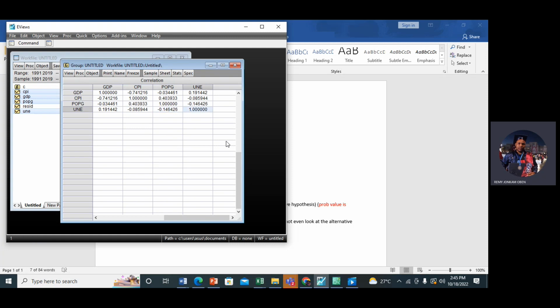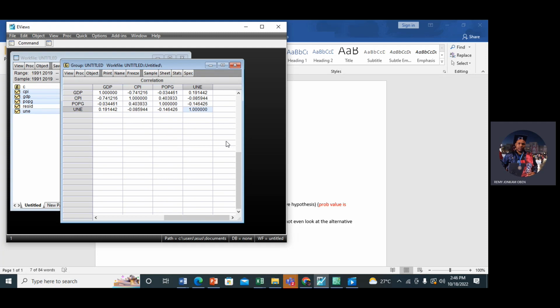And I told you that the correlation coefficient ranges from 0 to 1. It can be negative and it can be positive. If it is negative, it means there is a negative relationship. If it is positive, it means there is a positive relationship. Now, is the relationship a weak relationship, or is it a strong relationship, or is it a medium relationship? How do we know?